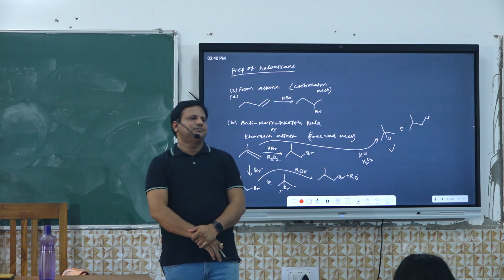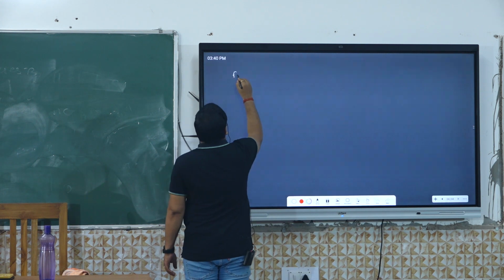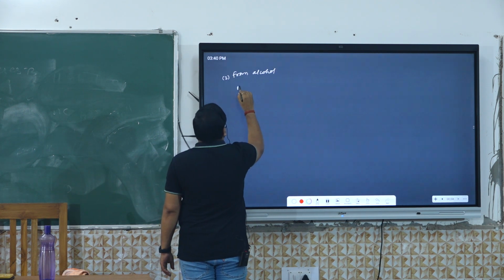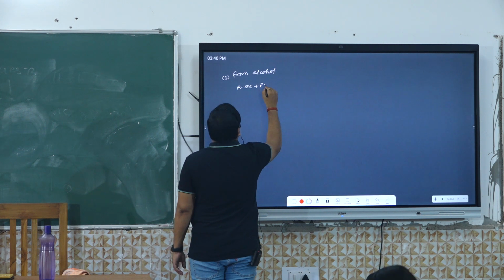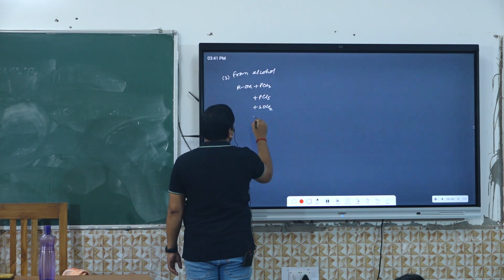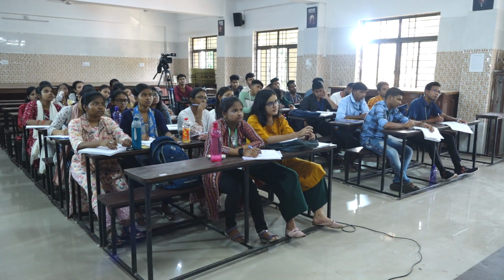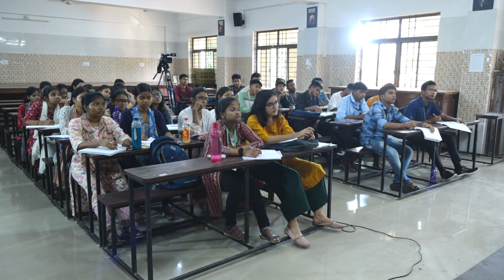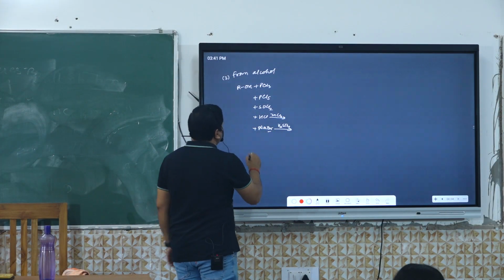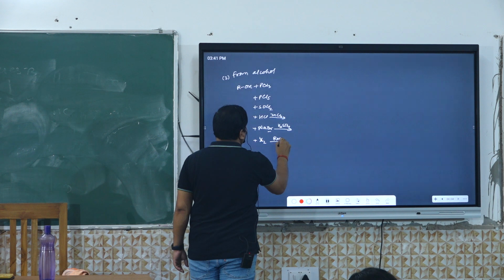Now another method is the preparation of haloalkane from alcohol. This is one of the major reactions. So from alcohol we can take PCl3, PCl5, SOCl2, then HCl and ZnCl2, then NaBr in the presence of H2SO4, and X2 in the presence of red phosphorus.